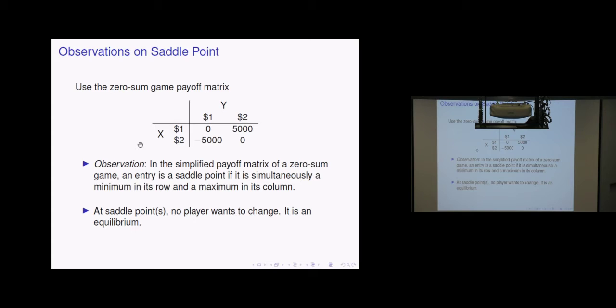But this is not his payoff, this is his opponent's payoff. So if he moves away, he gets minus 5,000. Therefore player 2 will not want to move away. So a saddle point is definitely an equilibrium.